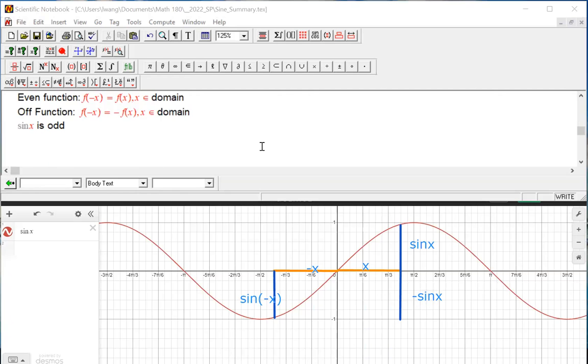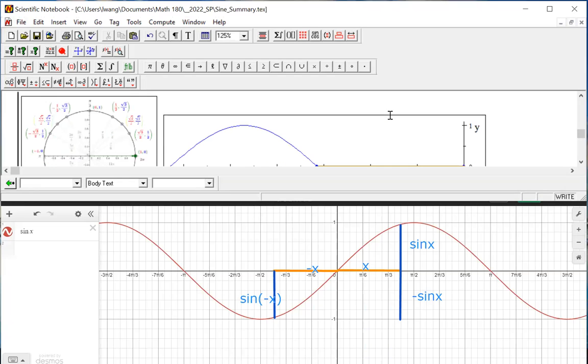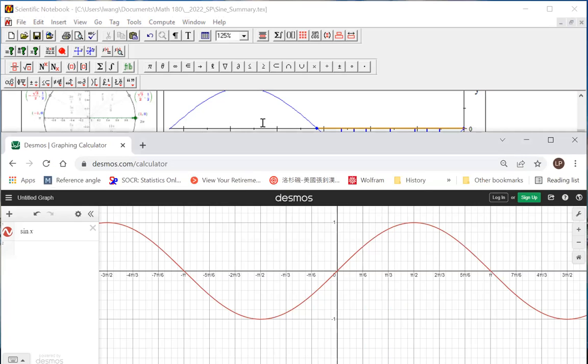Next, how about you look at your homework? I'm going to look at the unit circle for you. How do we look at the oddness of this function? I'm going to make less space for the picture, so let me move down a little bit.